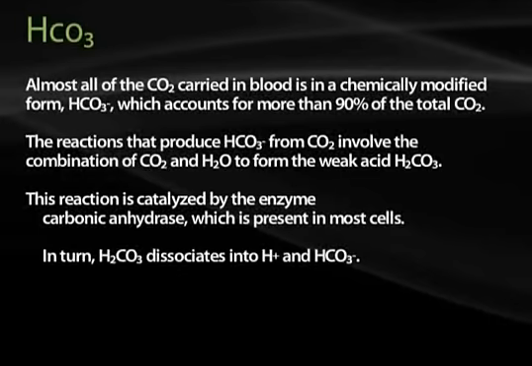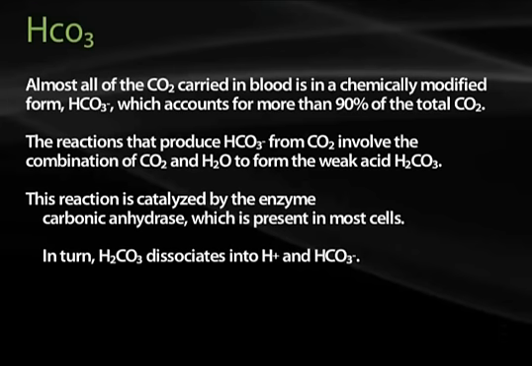Almost all the carbon dioxide that's carried in blood is carried as a chemically modified form, bicarbonate. It accounts for more than 90% of the total carbon dioxide. The reaction that produces bicarb from CO2 involves the combination of carbon dioxide and water to form the weak acid H2CO3. This reaction is catalyzed by the enzyme carbonic anhydrase, present in most cells.